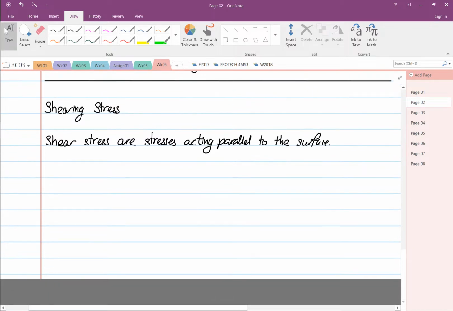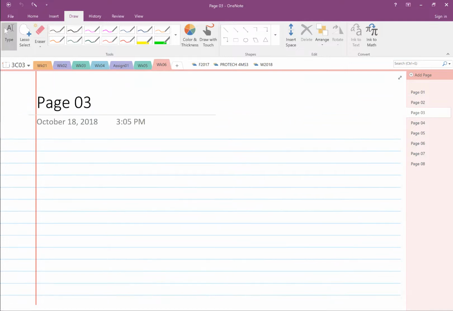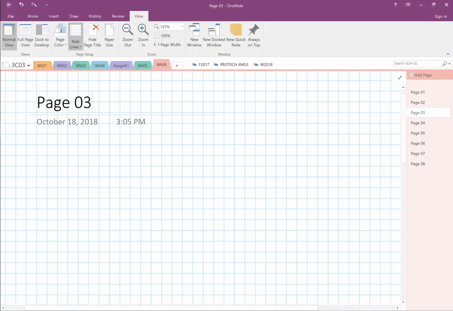Okay, and there are only two possible configurations in shear stresses. Okay, so what are the two? So one of the configurations.